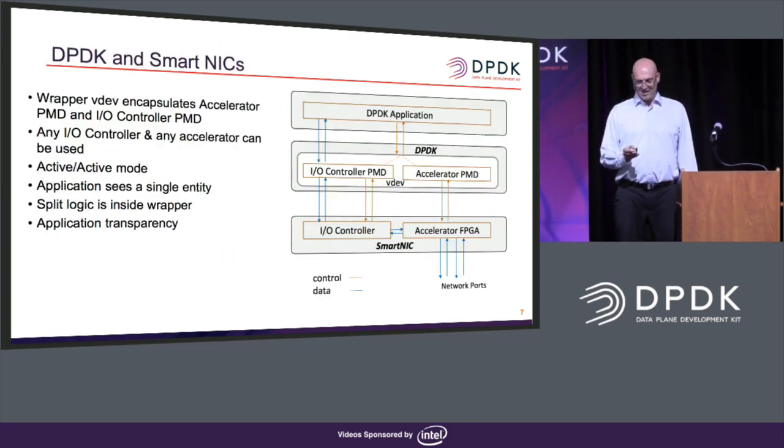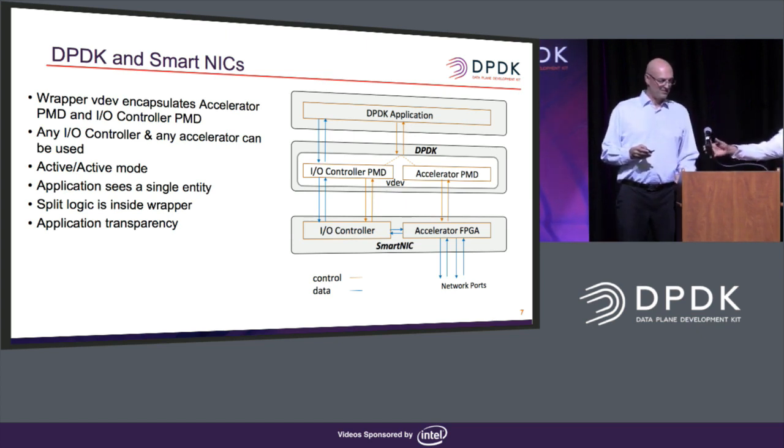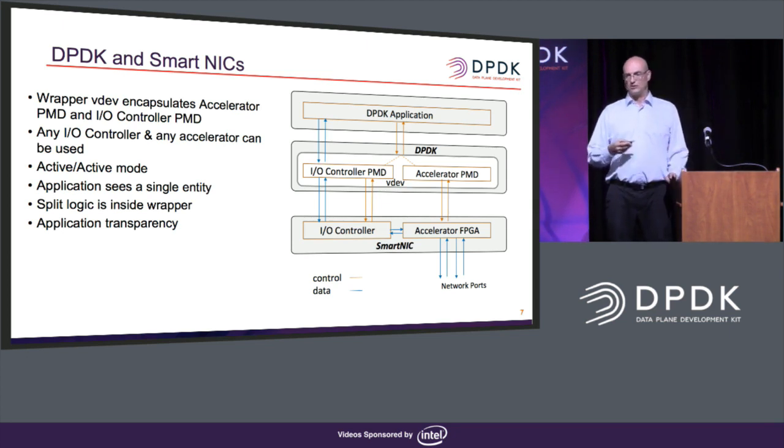If you put FPGAs and some kind of I/O controller on a NIC, now from a DPDK perspective, the question is how do you manage this? The first thing we need to see is how to do this transparently to the application. We don't want to change the application so that it is aware there are two devices out there.